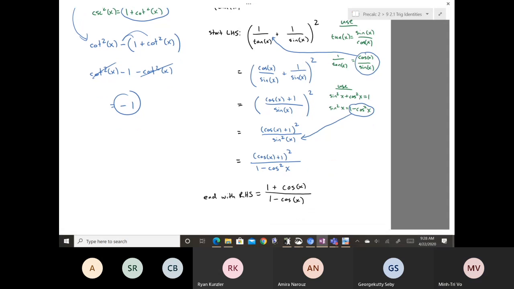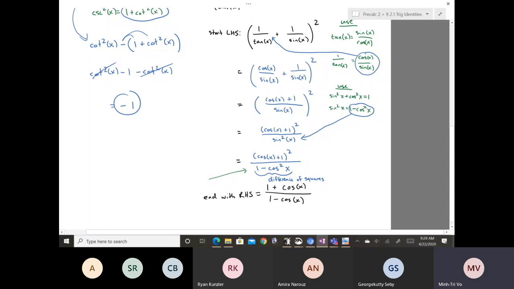So I'm almost there, right? So I have this and this. So now how do I simplify this to look like the final result? So in the denominator here, it might not look like it, but what do I have? I have a difference of squares. Right, so how should I think of this?